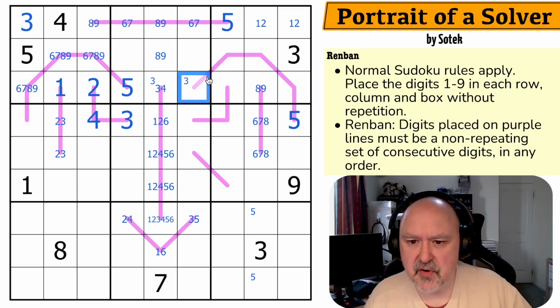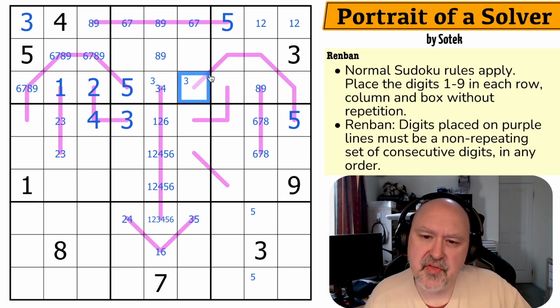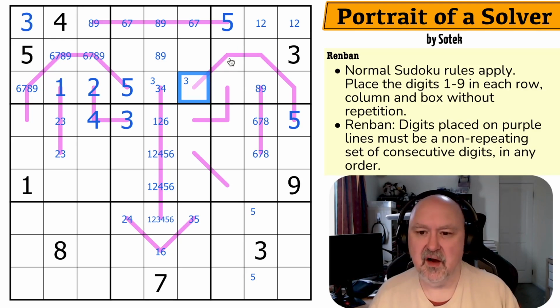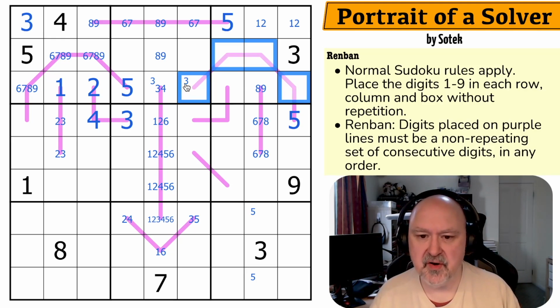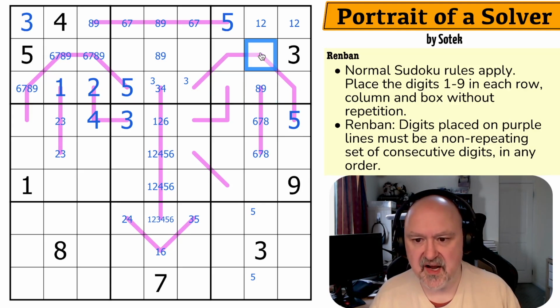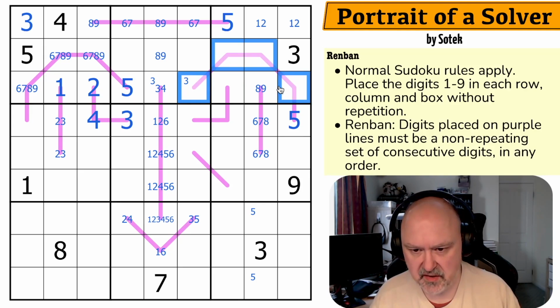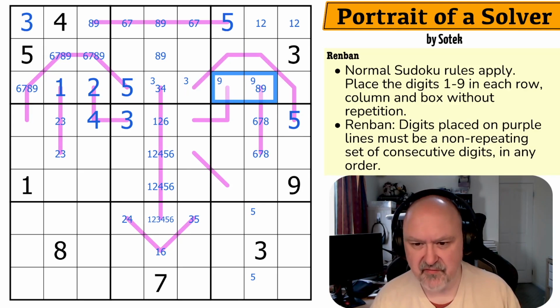So I can't put a 9 on this line. If I put a 9 on this line, say there, I'd have to put an 8 in one of those cells. But a 9 here would make this an 8. And where would I put the 8? If I put a 9 here, this would be an 8, and I'd still need to put an 8 on the line, and I couldn't do it. I can't put a 9 on this line. So 9 is in one of those two, which means this is not the 9.